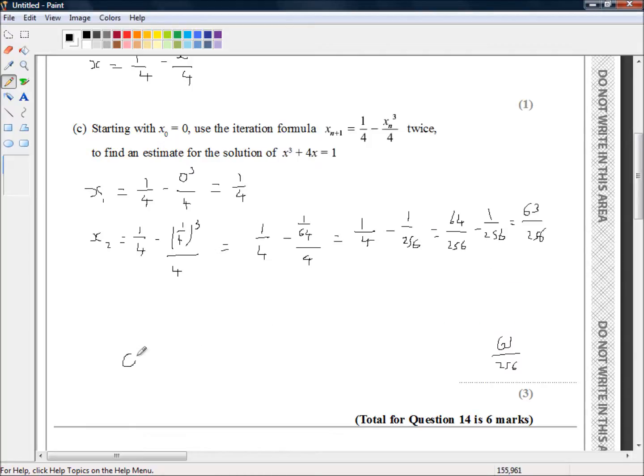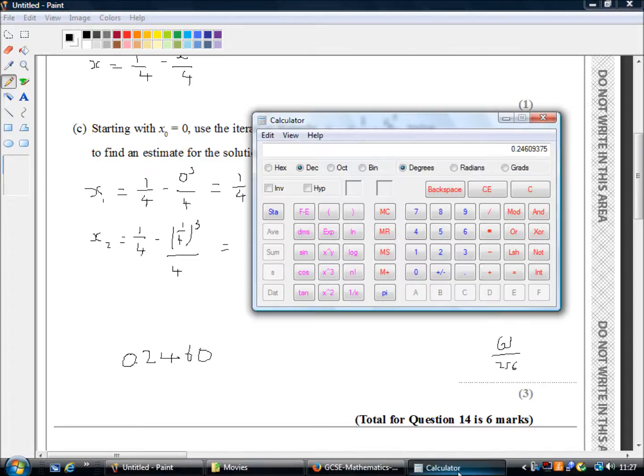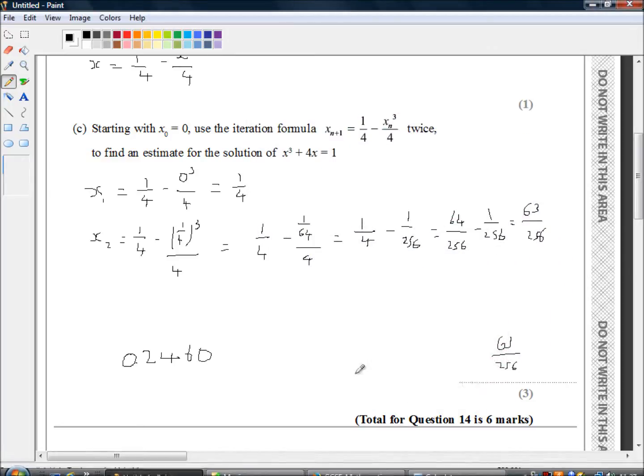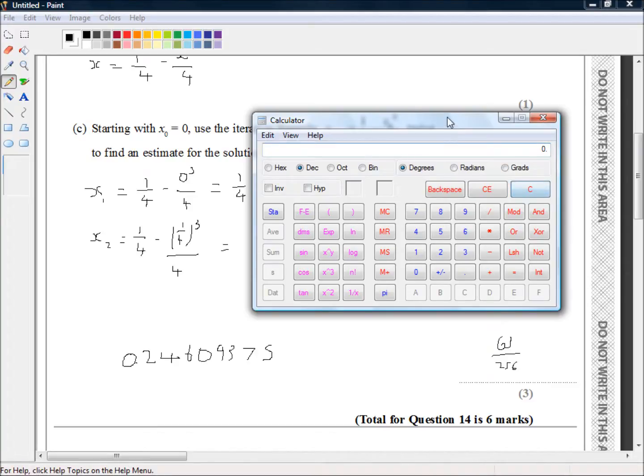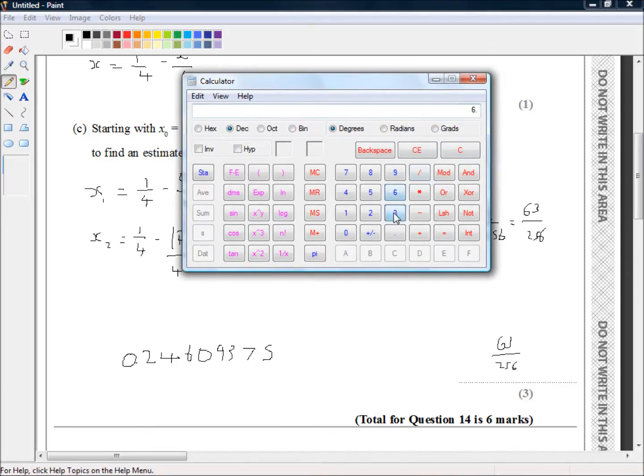So you could have just given your answer as 0.2460, 9375, as a decimal, and just to show you that they're the same, if I just do 63 over 256, that's 0.24603975.